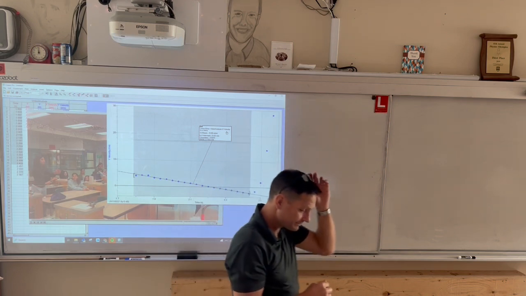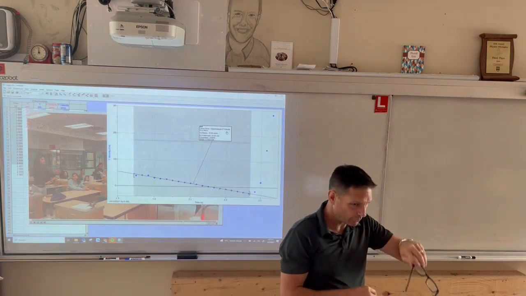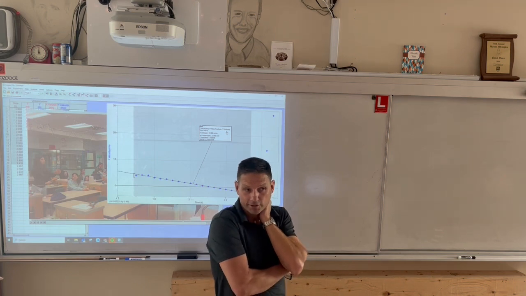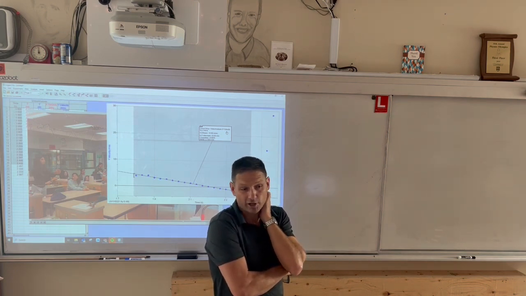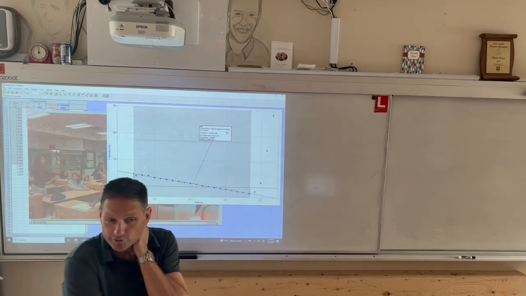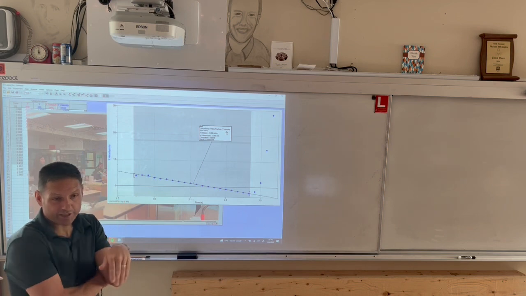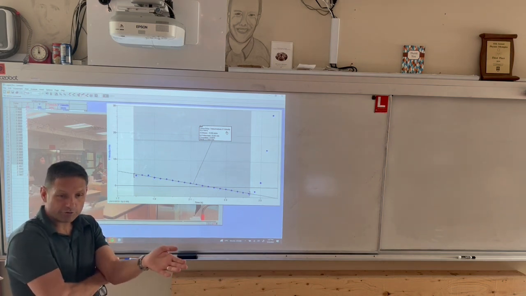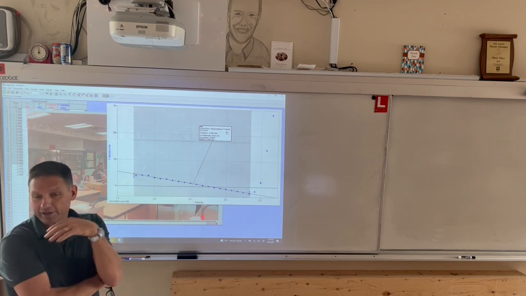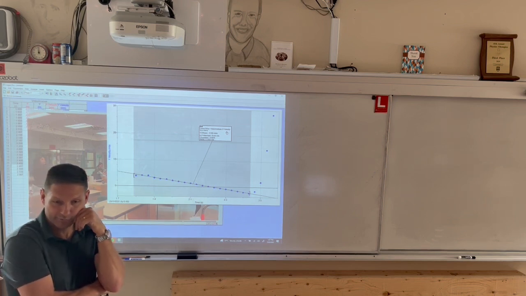So it's pretty handy. This program, Logger Pro, comes with a bunch of sensors as well. So if you wanted to do a lab where you wanted to monitor pH in a soil sample or something like that, you could put that sensor and leave it connected to your computer, and you could see the pattern of pH in the soil over time.